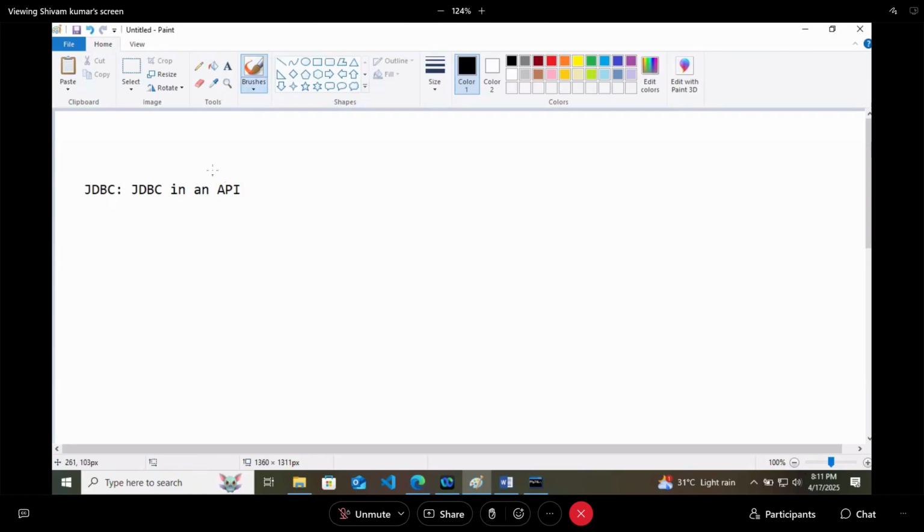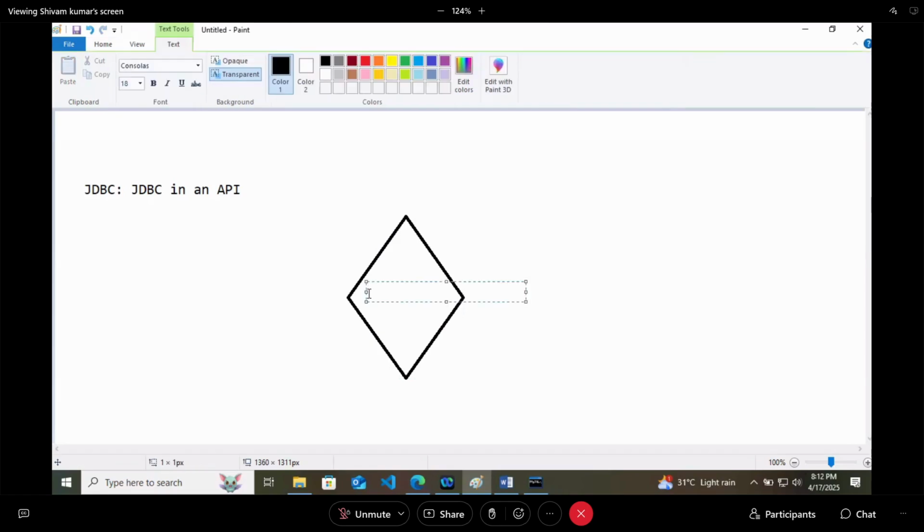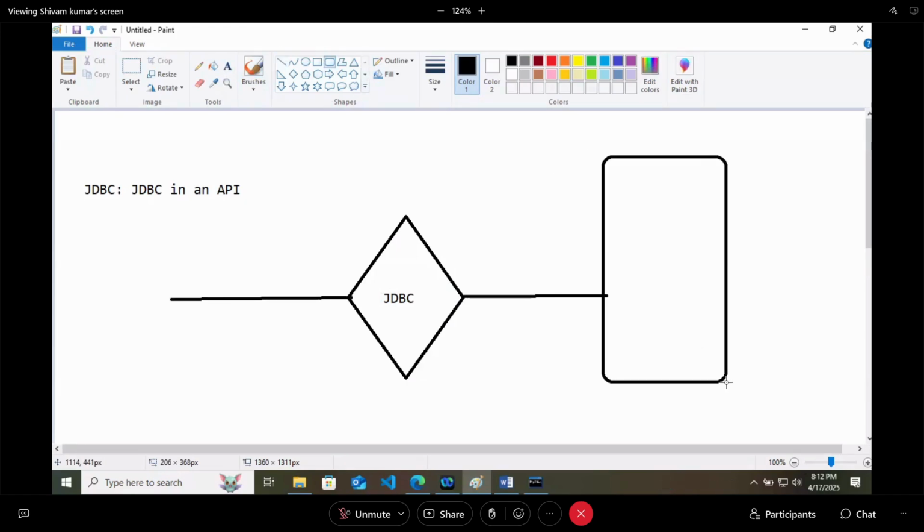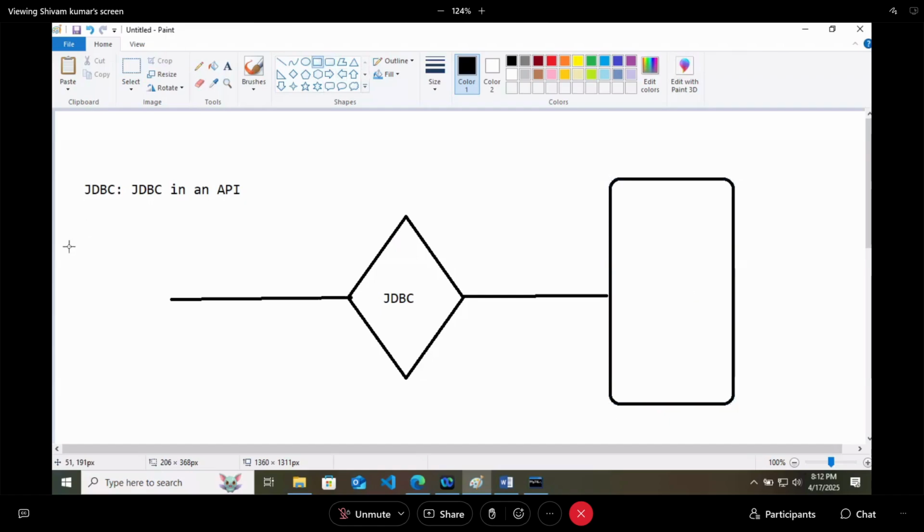API means it will be connecting two people of different technology with each other. Who are those two? Java and your database. So this JDBC will be connecting two things, your database and your Java application.